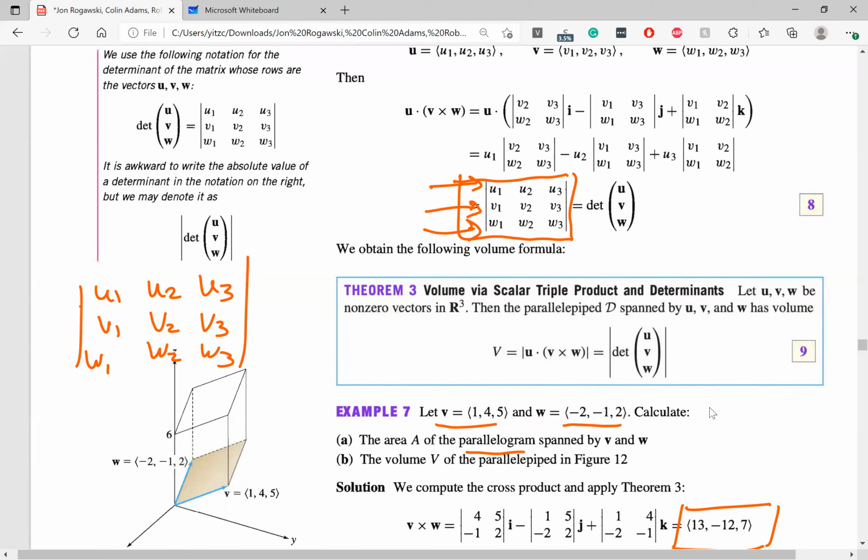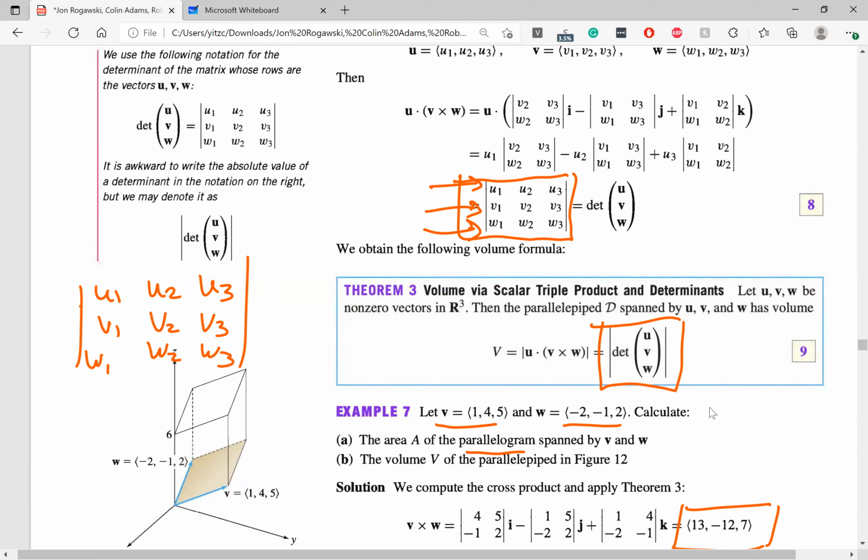Yeah. How do you decide given the three vectors and equations? So it actually doesn't matter because you take the absolute value. In general, the same thing holds for the parallelogram.